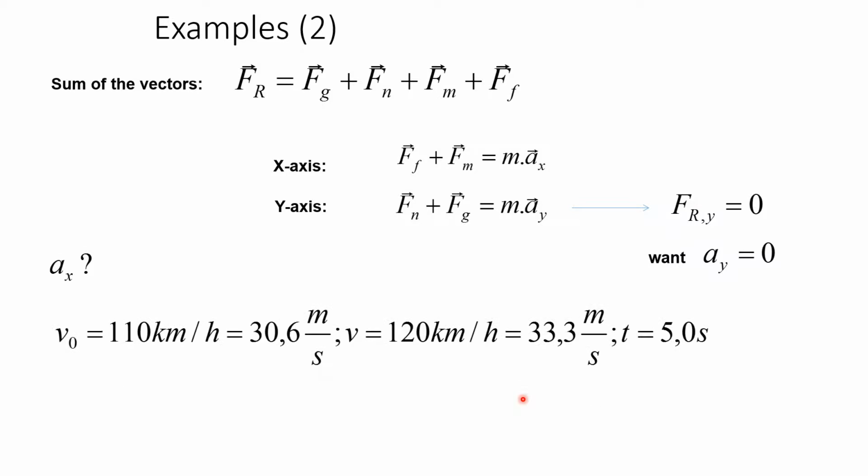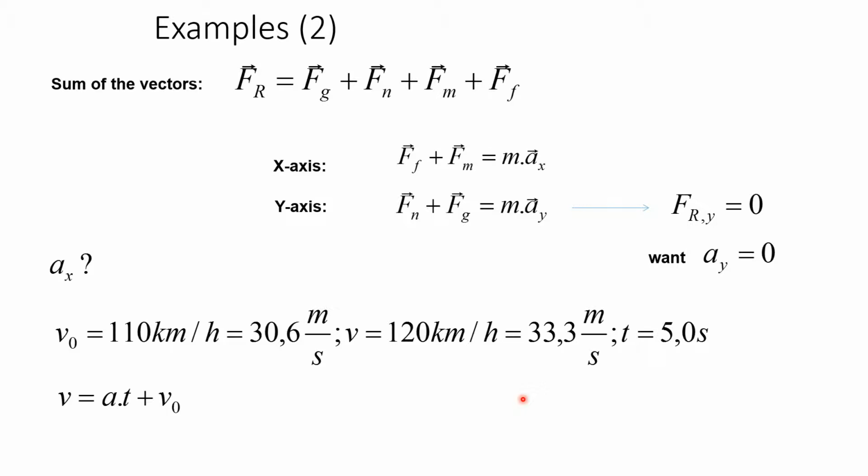In the x direction it's a little bit different. We have our given factors: the initial velocity is 110 kilometers per hour, which means 30.6 meters per second. The end velocity is 120 kilometers an hour, which means 33.3 meters per second. And the time is 5 seconds.